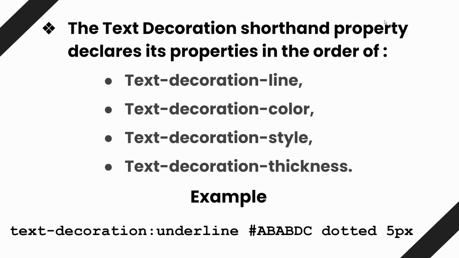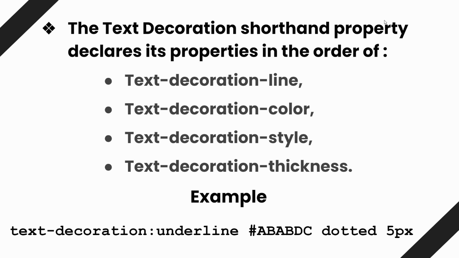The text decoration shorthand property declares its values in the order of text decoration line, decoration color, text decoration style, and text decoration thickness. The text decoration property, as we all know, is a shorthand property for the other properties we've talked about already.